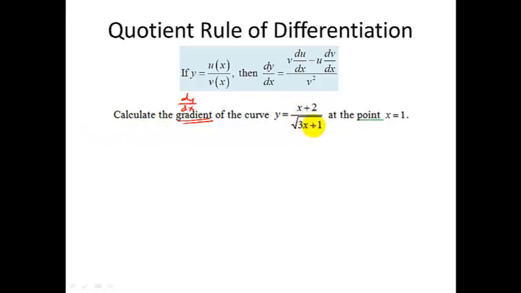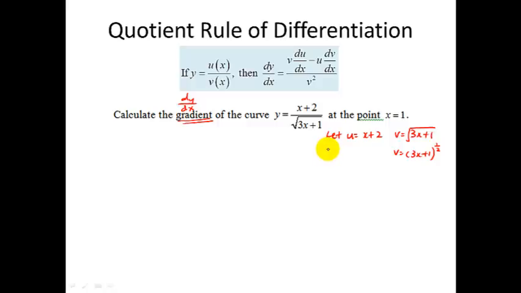Since it's a quotient, I'm going to use the quotient rule. So I'll let u be the numerator and let v be the denominator. Now, square root, I'm going to convert to power half.